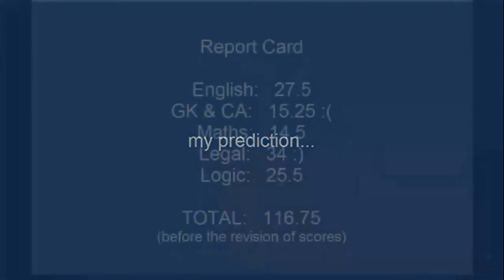The highest score was 140 plus in this examination, and my score was about 116.75, and this I'm talking about is the unrevised score because there was an increase of 2.5 marks after that. But my initial score of 116.75, which previously would not have been enough to get admission to any national law university, was adequate to actually crack the NLSIU Bangalore cutoff.